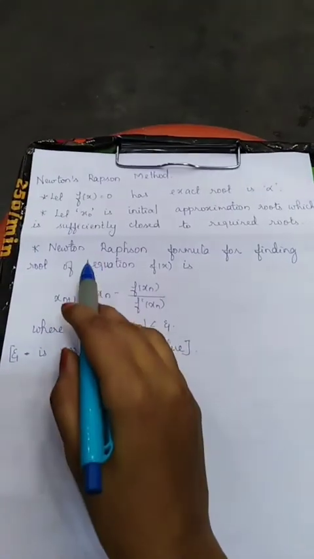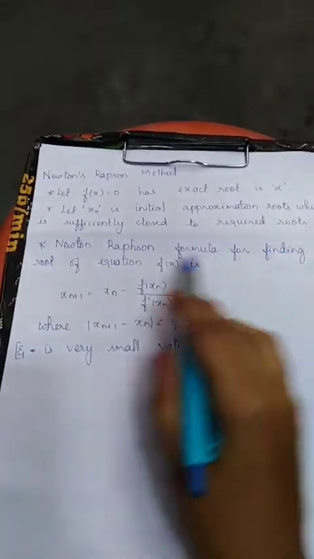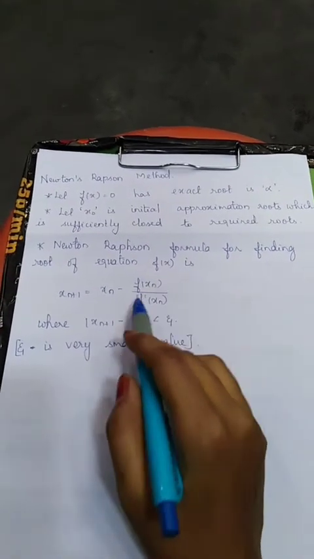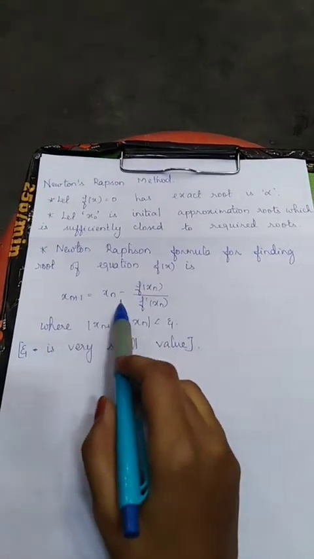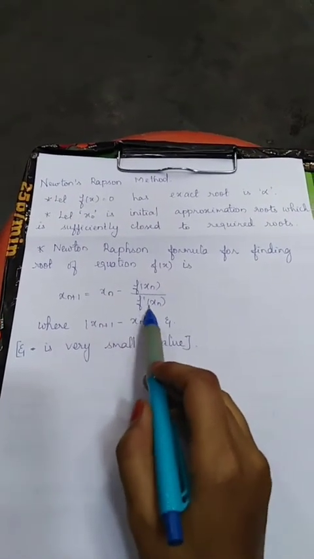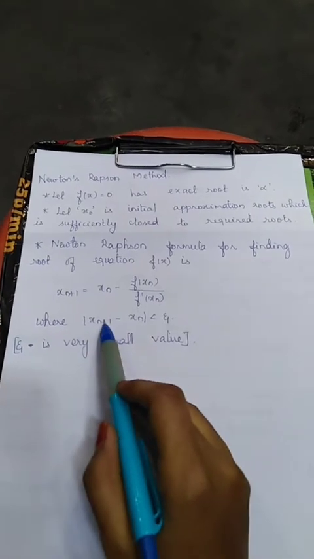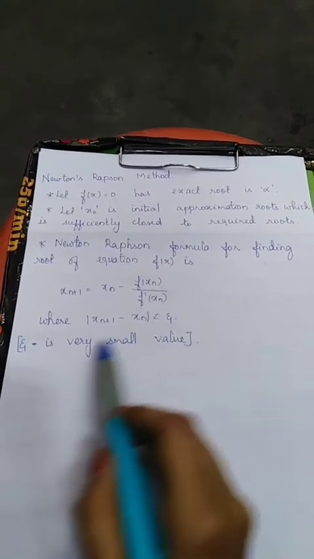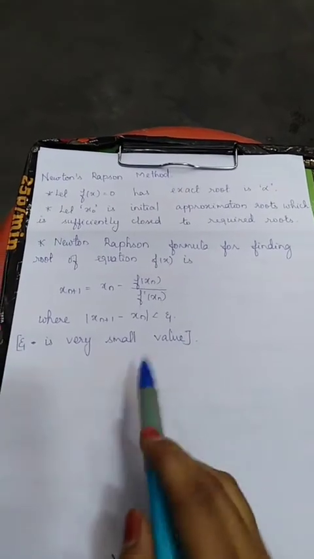Step 3: formula for Newton-Raphson method. The root of equation f(x) = 0 is x(n+1) = xn - f(xn) / f'(xn), where |x(n+1) - xn| < epsilon. Here epsilon is a very small value.